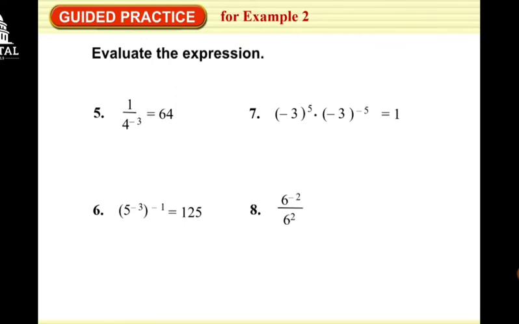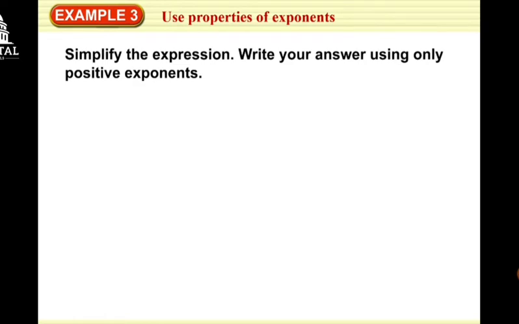Evaluate the expression, 1 over 4 to the power of 3, the same, 64, power of power. We will add the powers, equal to minus 3 to the power of 0, which equals 1. Subtract the powers and evaluate the value.